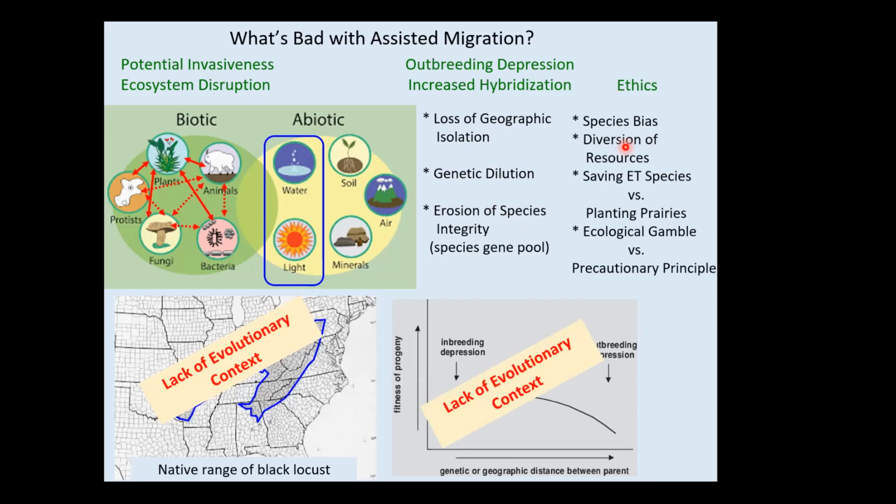And a really important one here is this, because this whole idea of assisted migration really has its roots not in planting prairies and trying to counter climate change. Assisted migration has its roots in trying to save endangered and threatened species. One of the first examples where this really came up was in Florida, when people were trying to save a species of plant, and the species escapes me right now.